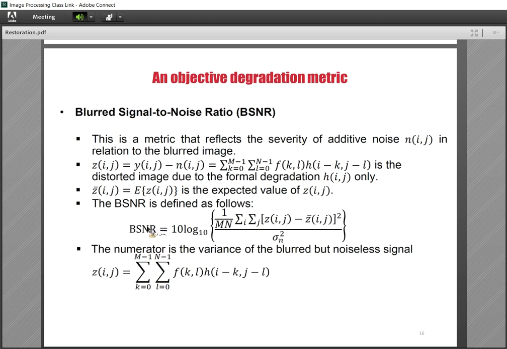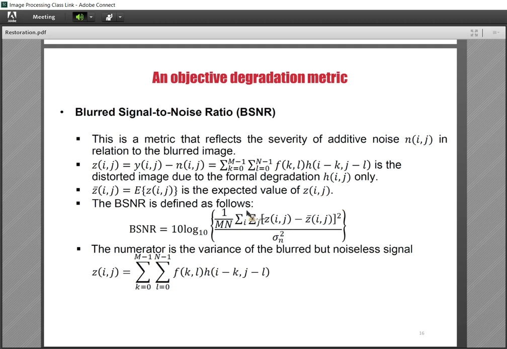This is in logarithmic version, for example 10 log of 1 over mn, sigma over i and j of the system with noise minus z.